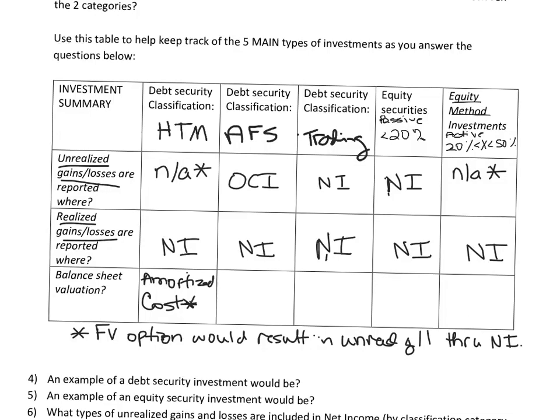Then they'd be recorded at fair value. The available for sale are going to be carried at fair value, as are the trading and the passive equity securities. And then the equity method, those active equity investments, they're going to follow the equity method reporting. Okay, except if we have had a fair value option, then they would be at fair value.